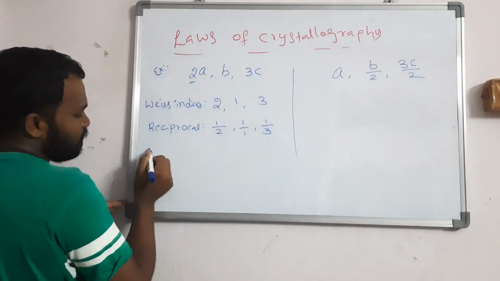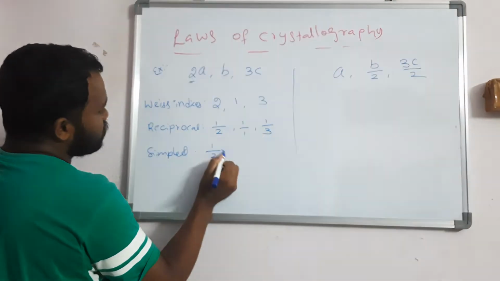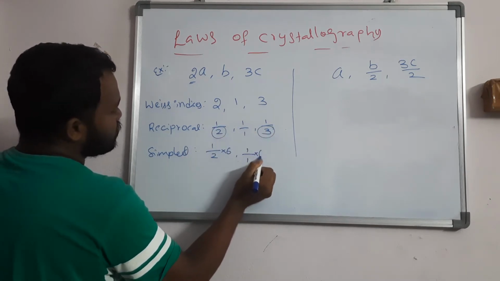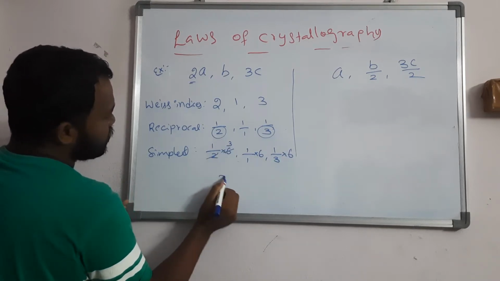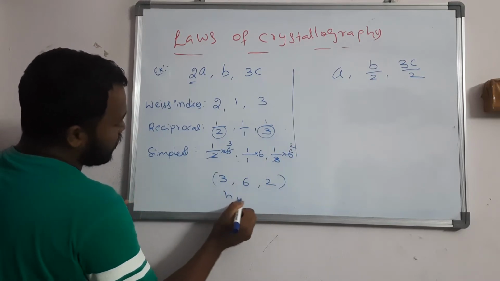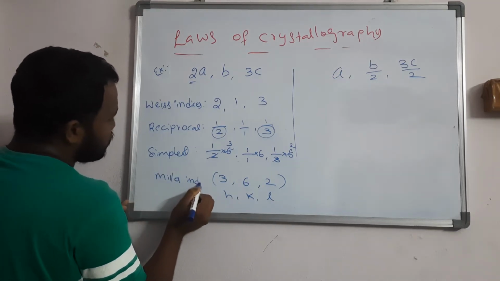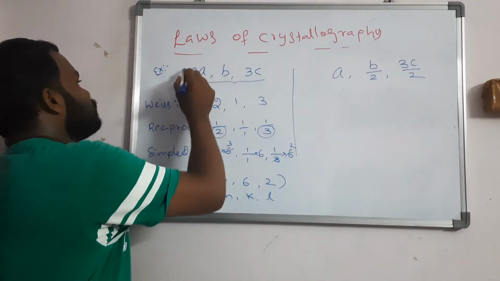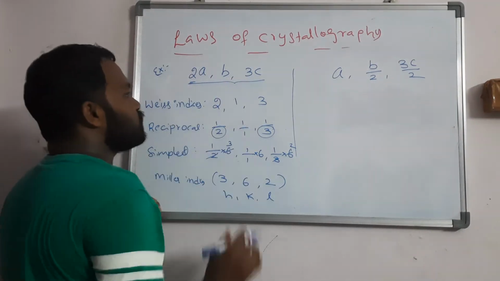Now take the same simplest multiplying number. For 2, 3 the LCM is 6. So 1 by 2 into 6, 1 by 1 into 6, 1 by 3 into 6. Here you will get 3, 6, 2. 3 6 2 is called HKL, that is nothing but the Miller indices. This is one example for this plane. In the examination they will give 2A, B, 3C. For this you should write the HKL values. The answer is 362. Like this you have to solve.